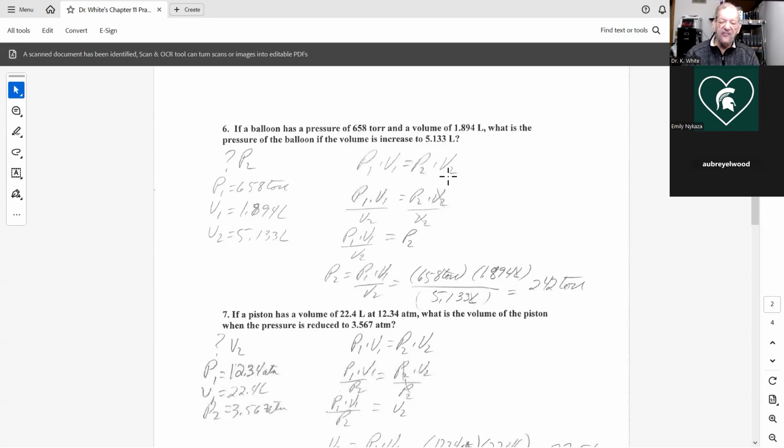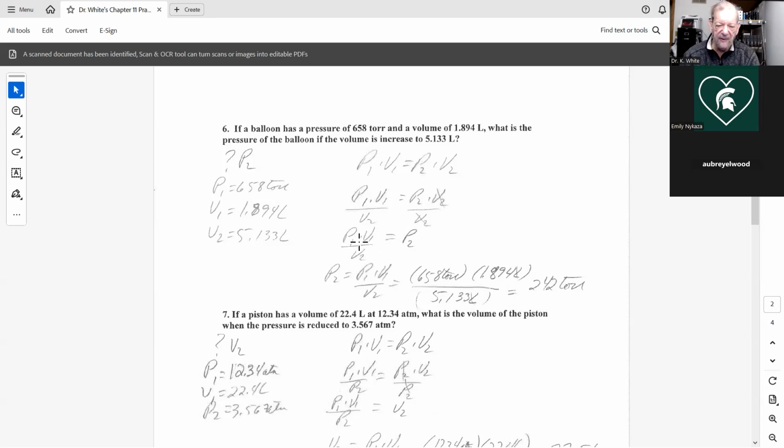Well, when you have two things multiplied, to get rid of one of them, you divide by that. Anything divided by itself is number one, which means it's gone. However, whatever you do to one side, divide by V2, you have to do to the other, which I did. Now, V2 over V2 equals number one times P2 is P2.